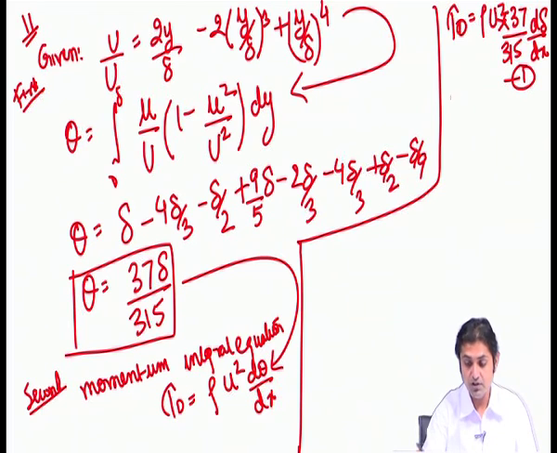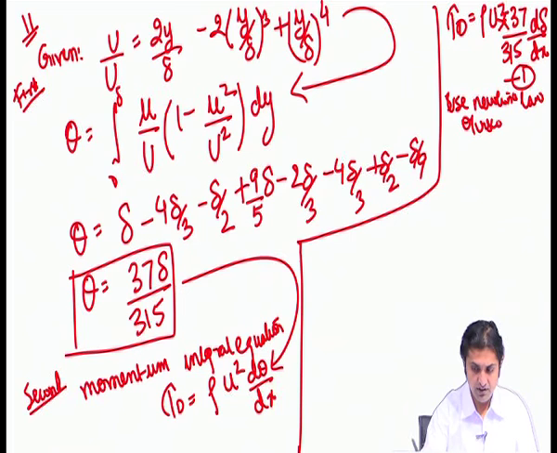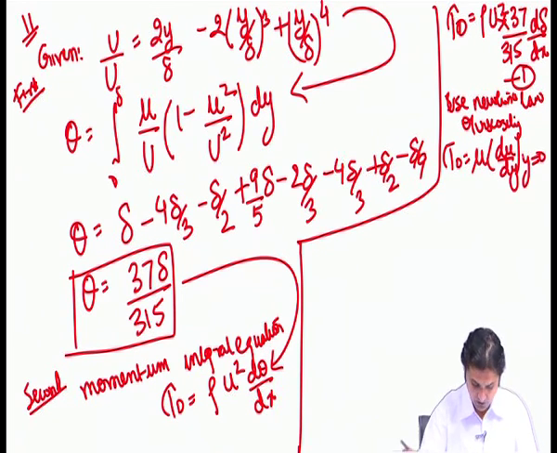Second, you use Newton's law of viscosity. This is the standard way to solve all these problems. If you follow this, everything is easy. Tau naught is equal to mu du by dy at y equal to 0.